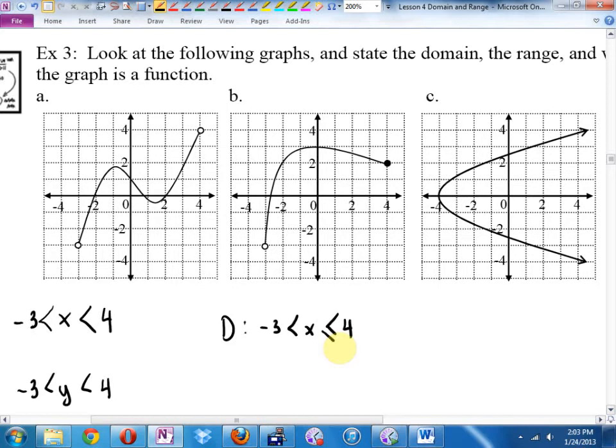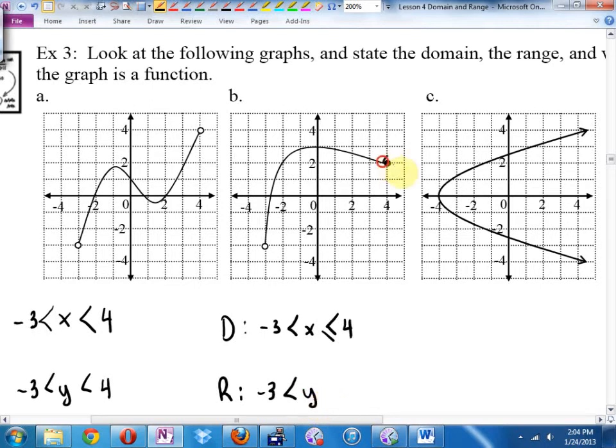Let's try the range. How low does this graph go? Touching? No, or equal to. Its range, its y values. How high does this graph go?